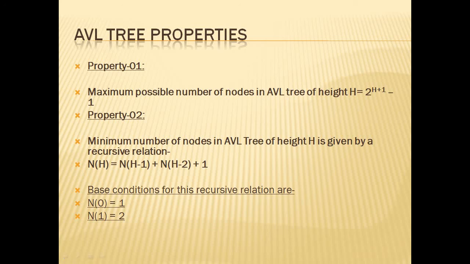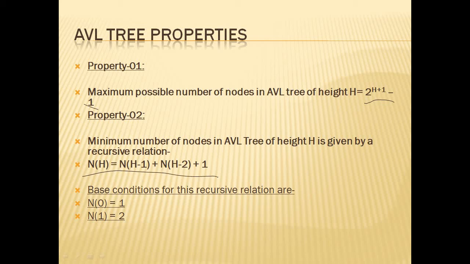The first property: the maximum possible number of nodes in an AVL tree of height h is 2 to the power of h plus 1, minus 1. So if I want to find the maximum possible number of nodes for height h, we simply go with this formula. The minimum number of nodes in an AVL tree of height h is given by a recursive relation, this one.